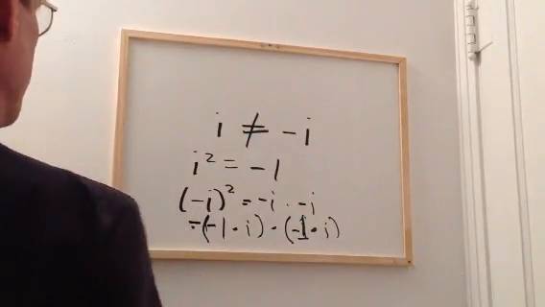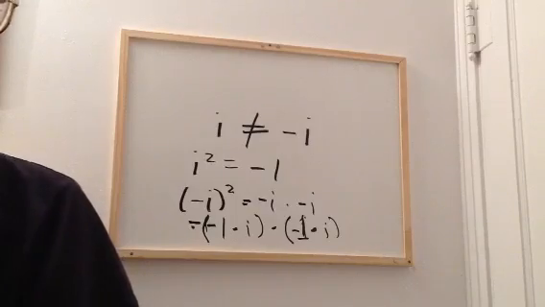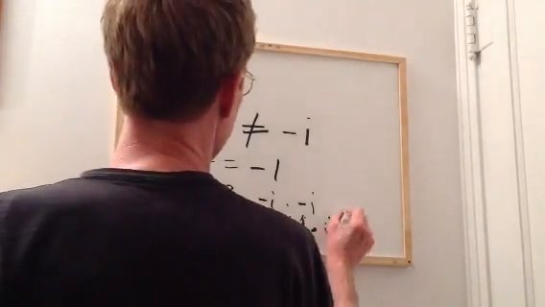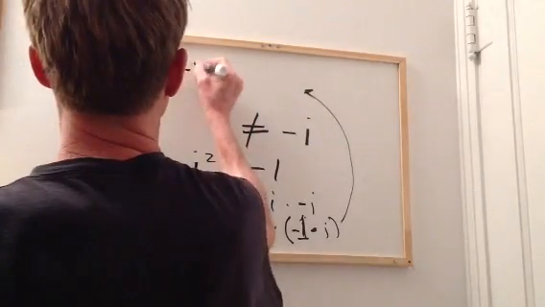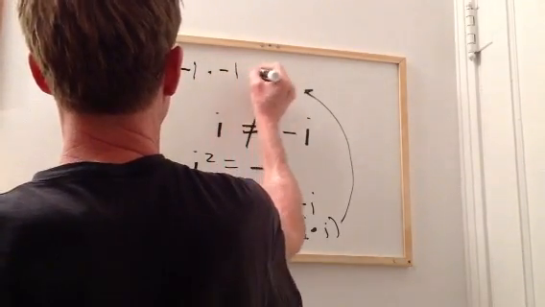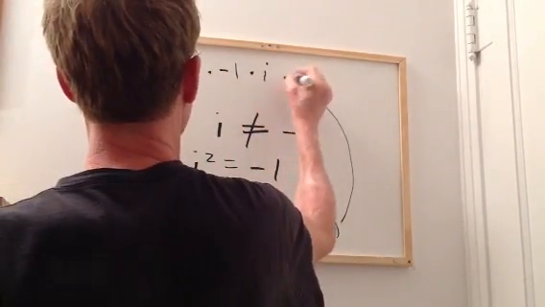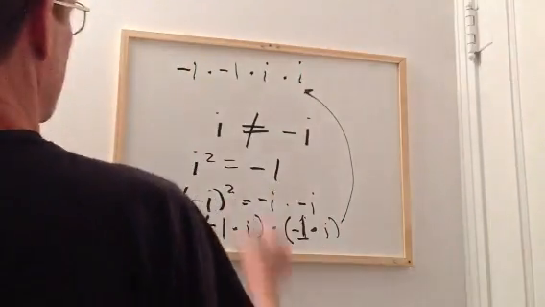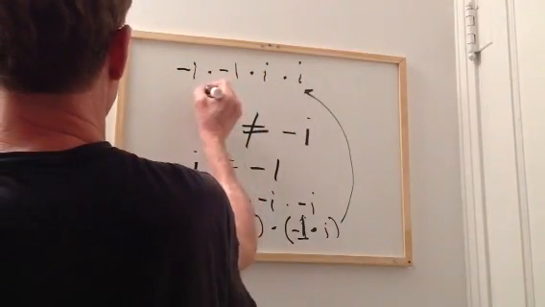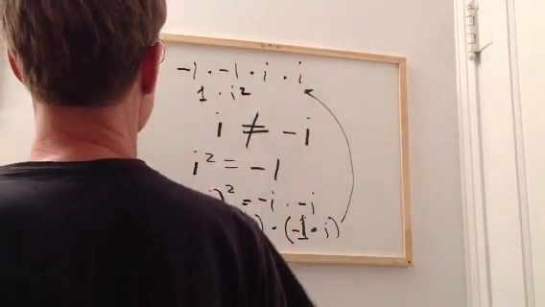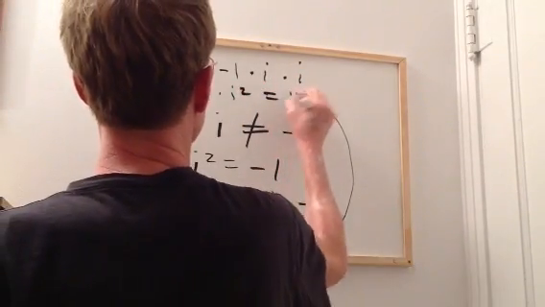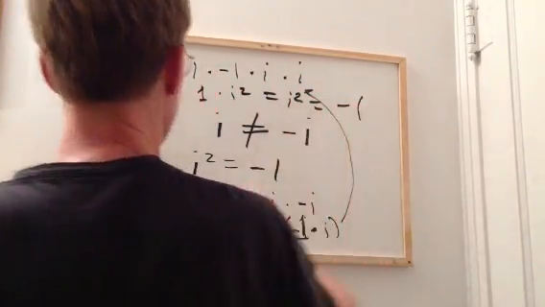And remember, the commutative property of multiplication allows us to rearrange that into minus 1 times minus 1 times i times i, or that's equal to 1, and that's equal to i squared. So that gives us i squared, which equals minus 1.